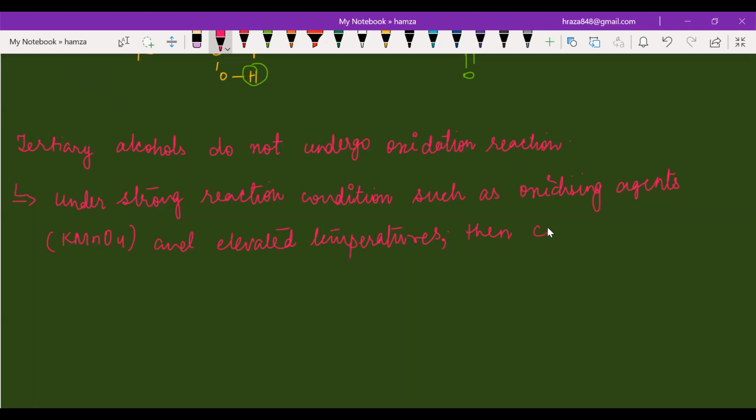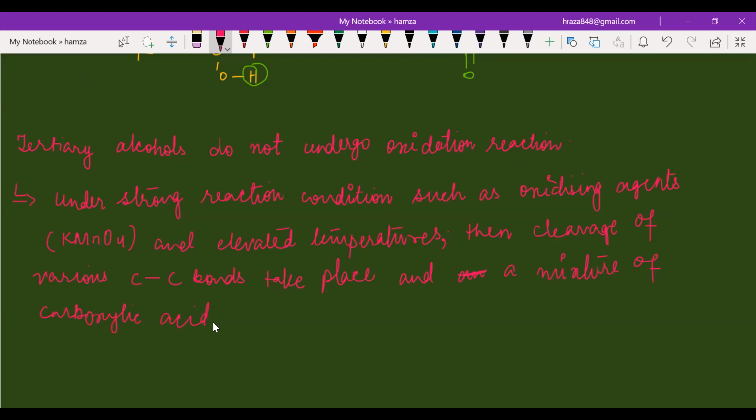Then cleavage of various C-C bonds takes place, and a mixture of carboxylic acids containing a lesser number of carbon atoms is formed.